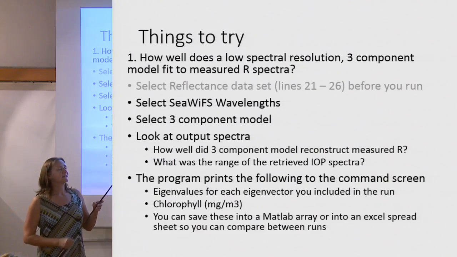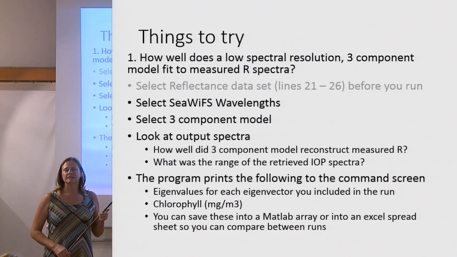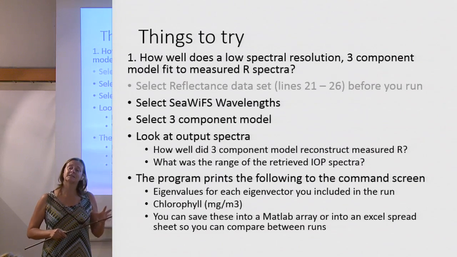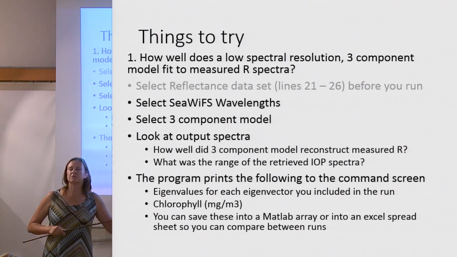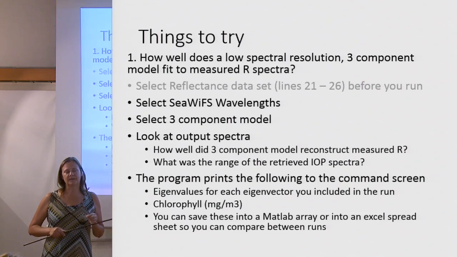But what it says is that the variations in the eigenvectors are small relative to the impact of the changing concentration. So what it says is that the concentration of the eigenvectors or eigenvalues is the dominant source of variability in reflectance, not their shape.